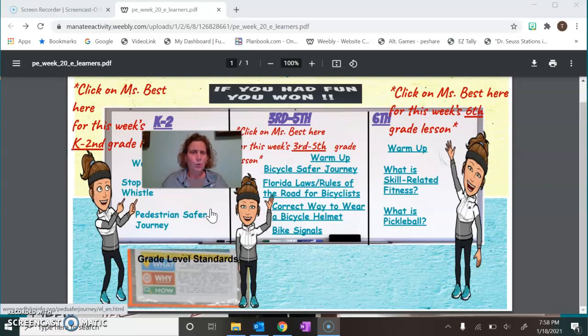And what direction should you be walking? Should you be walking the same direction that the cars are traveling, or should you be walking in a different direction? I want you to talk about all those things.